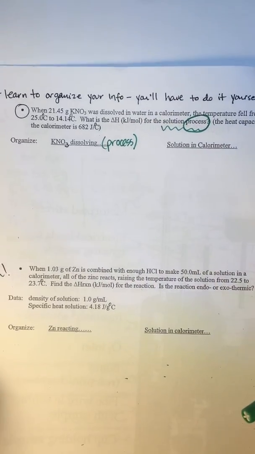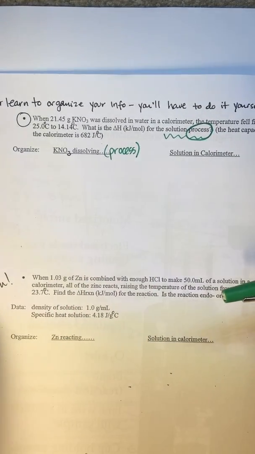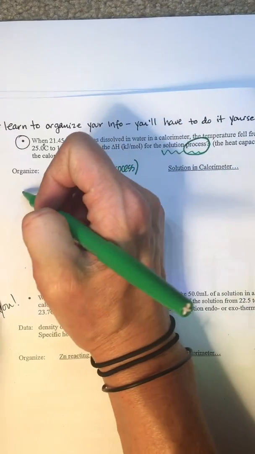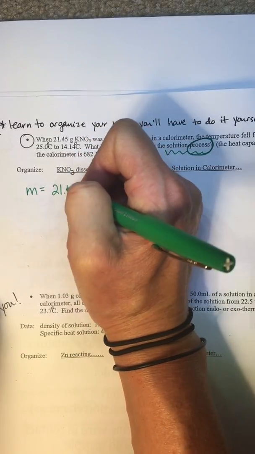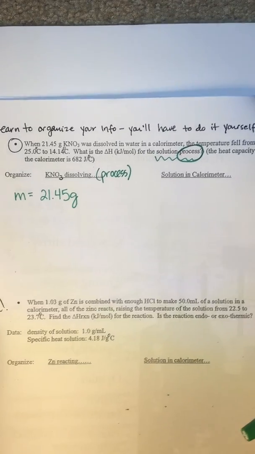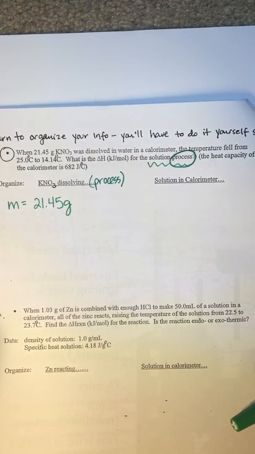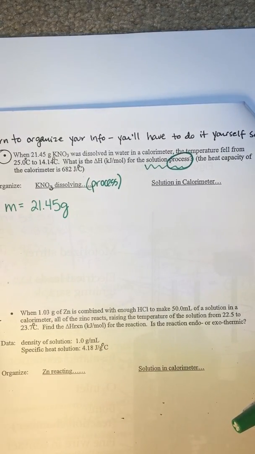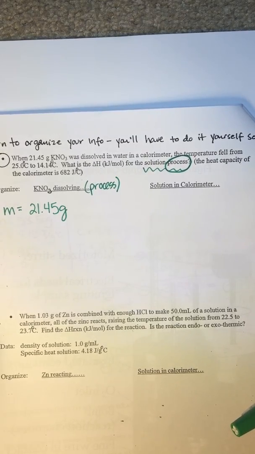Now you should have 2 columns of information, because we're talking about 2 different types of things. So let's organize our information. We were given the mass of potassium nitrate that we used, 21.45 grams, and it was dissolved in water. It made a solution. The heat capacity of the calorimeter is 682 joules over degrees Celsius.